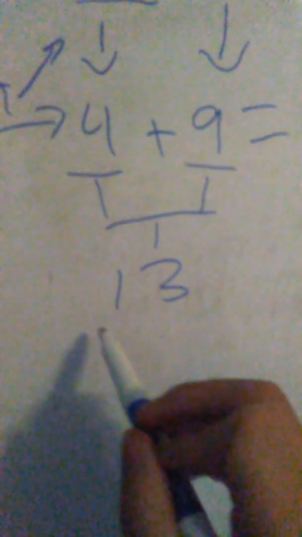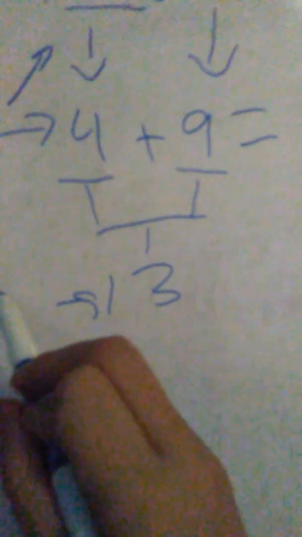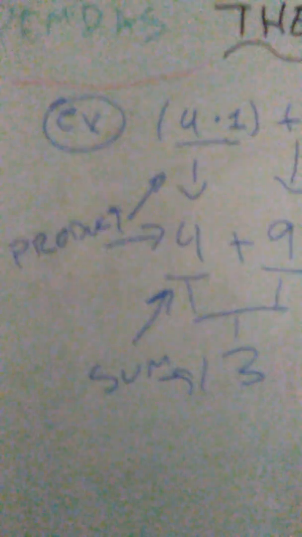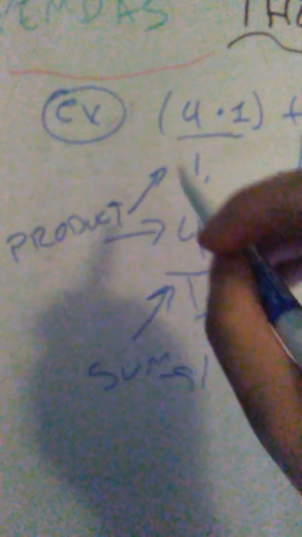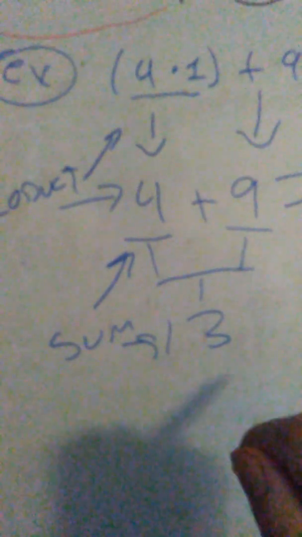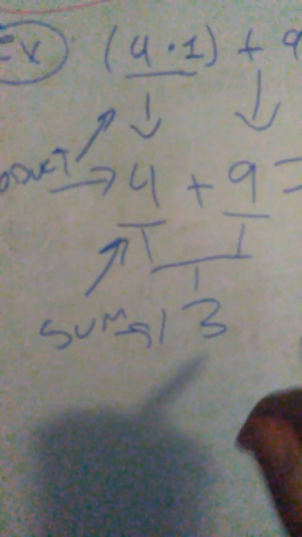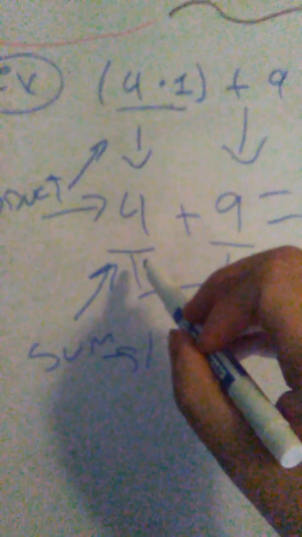13 is the sum of these two numbers, right? So we started off with a product, 4. 4 is the product of two numbers being multiplied together, and those two numbers are 4 and 1, to get a product of 4.